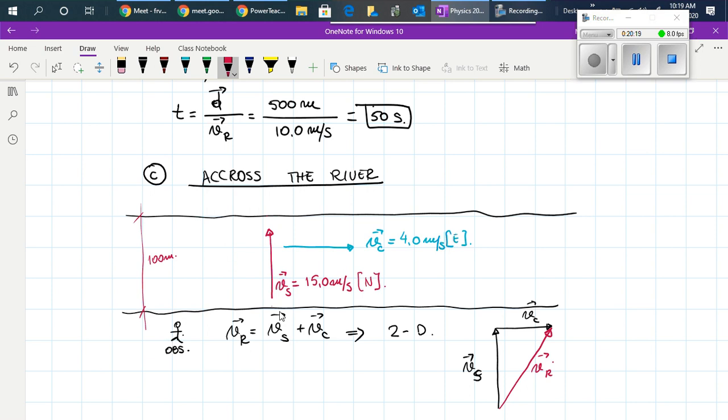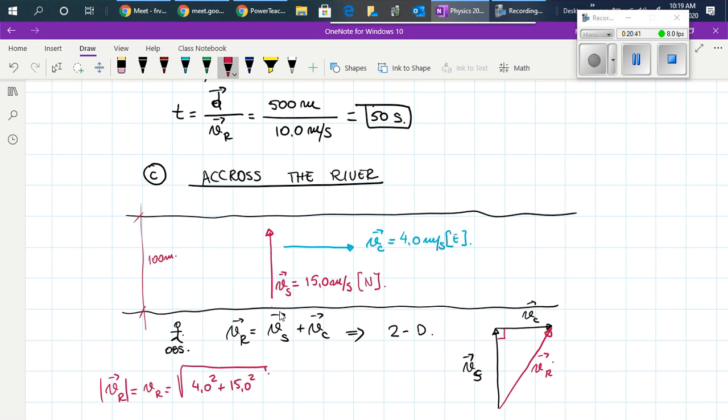Okay. So now, since they are perpendicular to each other, we can find the magnitude of the resultant velocity as simply the square root of 4 squared plus 15 squared.